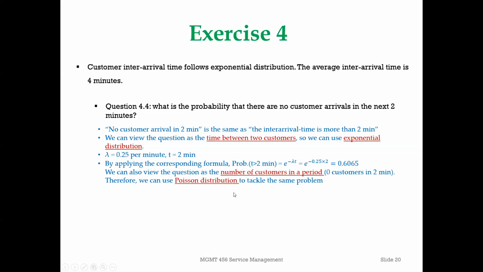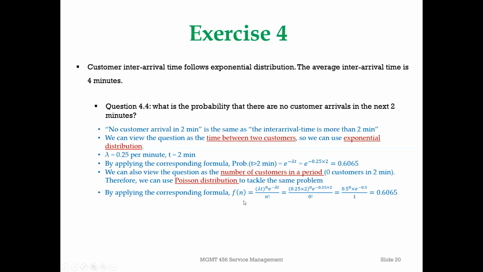Also, we can view the question as the number of customers in a period and apply the Poisson distribution. Basically, the question is about the probability that you will see 0 customers in 2 minutes. This is the formula for the Poisson distribution. For the Poisson distribution, we need 3 pieces of information.